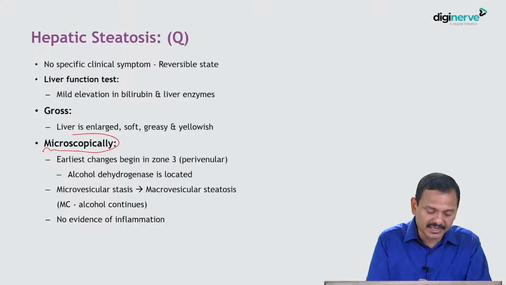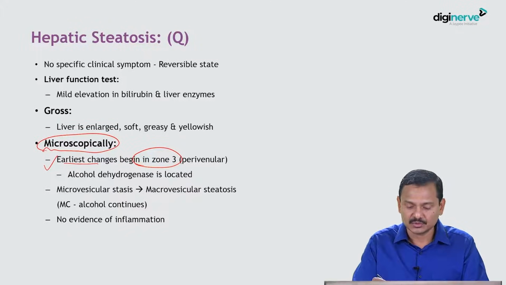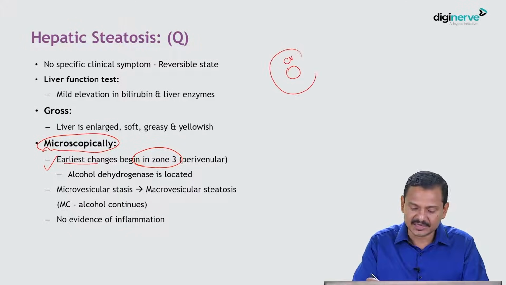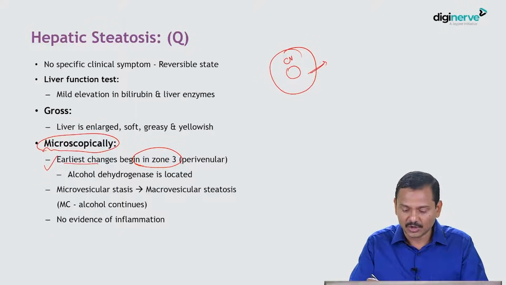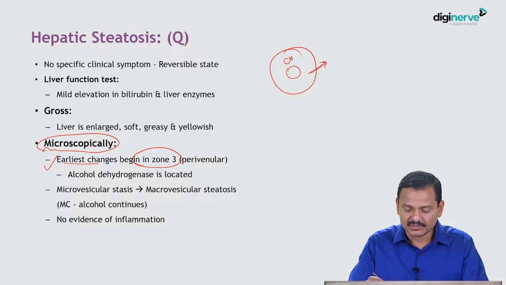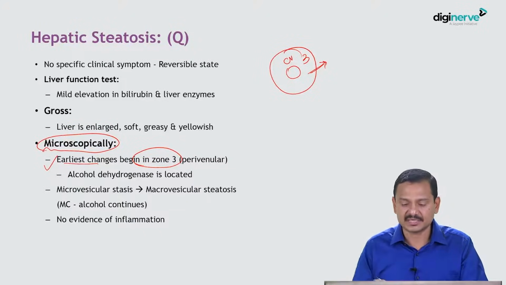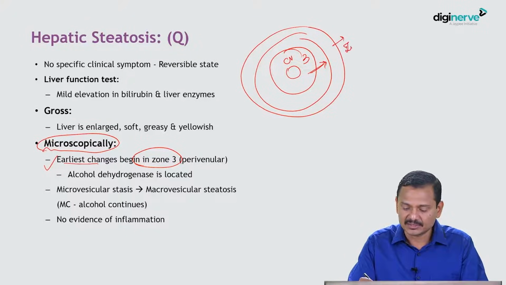And when we take a section, what shall we find? We will find the earliest change is in zone 3. Zone 3 is around the central vein. Okay, if you recall our first session on normal liver pathology and the fundamentals, you will know that zone 3 is close to the central vein, whereas zone 2 is intermediate and zone 1 is close to the portal tract.